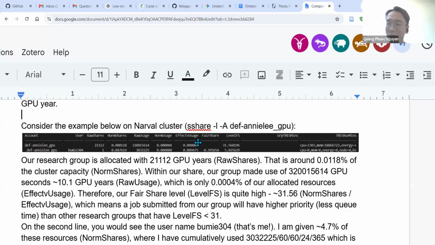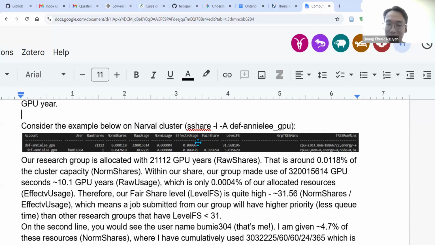Therefore, we will have higher priority compared to other research groups, and our queue time will be shorter. On the contrary, if our fair share level is smaller than 1, which means we are using more resources than we are allocated, we will have lower priority, which results in longer queue time.